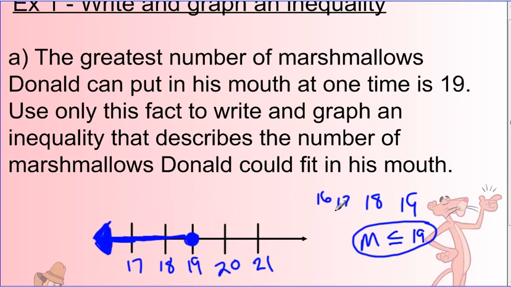You can definitely use the strategy I just used, just saying M is less than 19, so you shade the numbers less than 19. But a common shortcut I found that works is, now this will only work if the variable is on the left-hand side. The variable's on the left, this works.